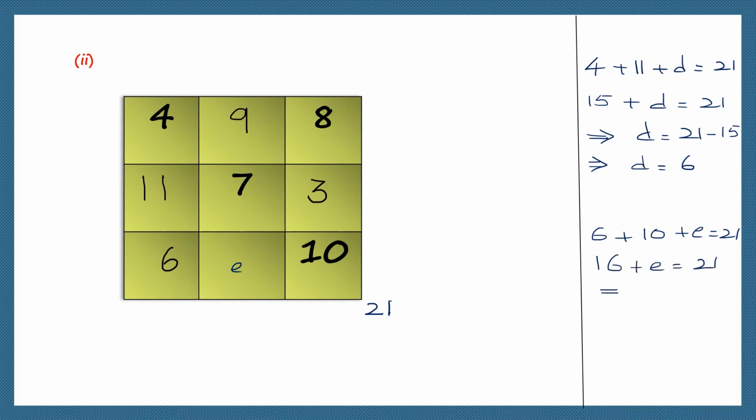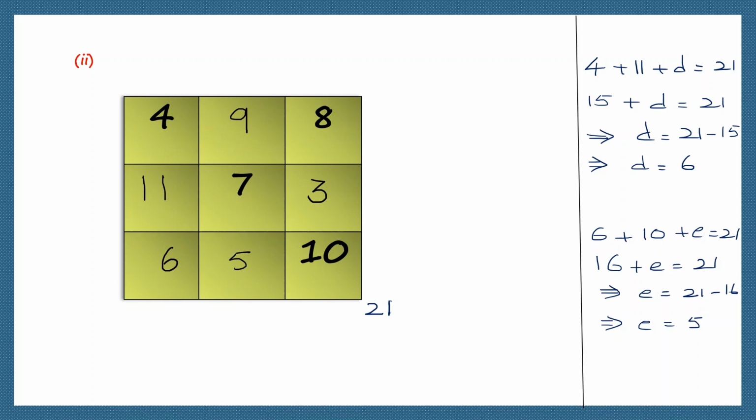So now we can find the value of E. E is equal to 21 minus 16, which is 5. So we have found the value of E also to be 5.